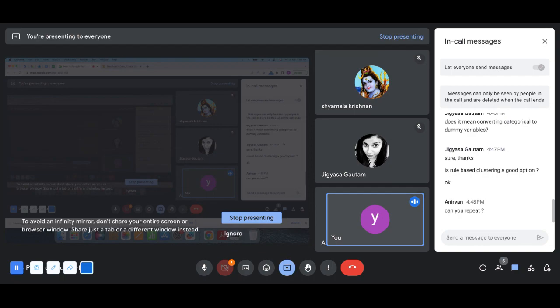For neural networks, we use non-linearity after every layer. There are different non-linearities: you have tanh, you have ReLU, and you have sigmoid. So which activation is better?